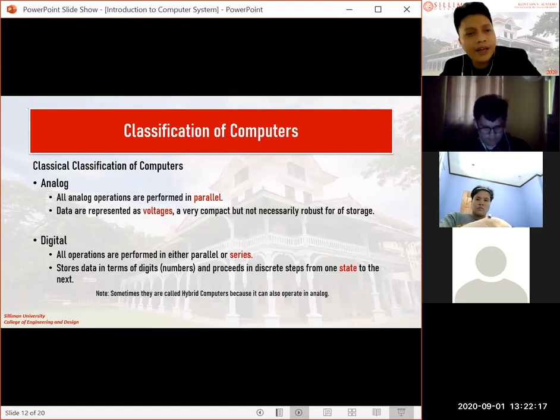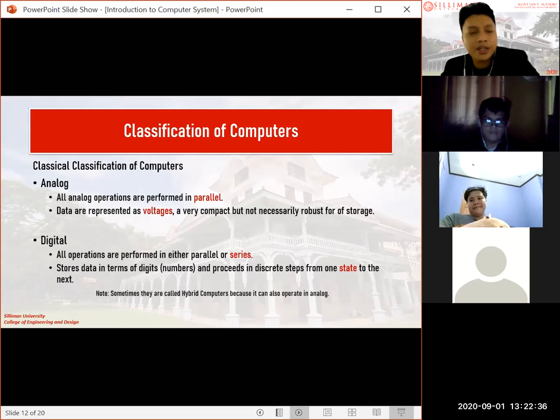All analog operations are performed in parallel, and data are represented as voltages, a very compact but not necessarily bus form of storage. So voltages, or even steam engines or rotational parts. Then, of course, if you classify it as digital, all operations are performed in either parallel or series.